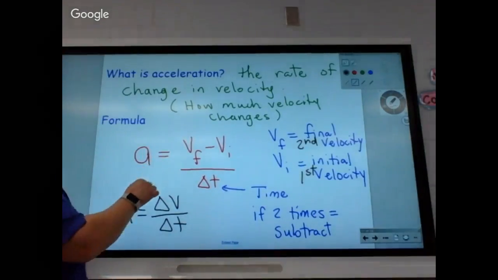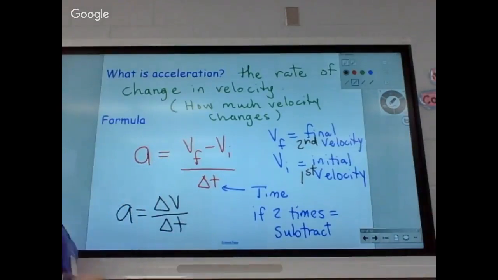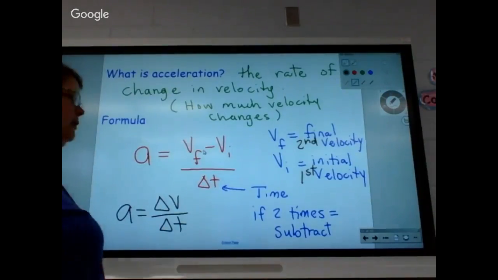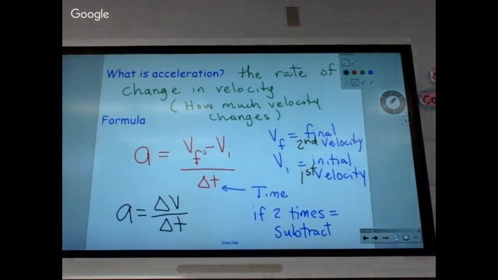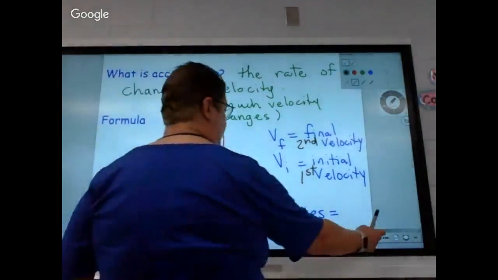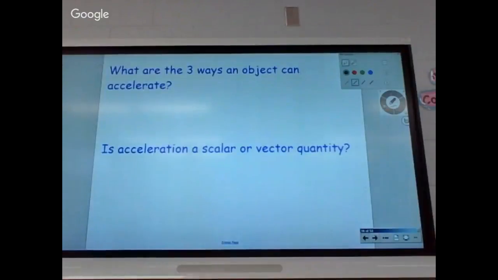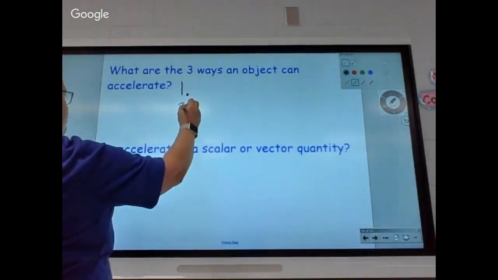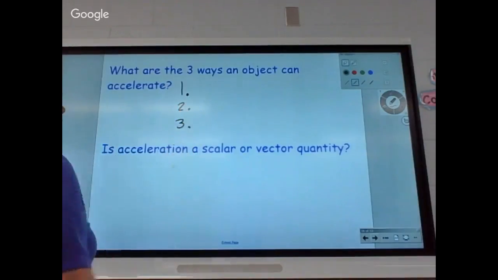These two formulas are one and the same, okay? Because you're not always going to have two velocities. Does everybody have that one off the board? Need some more time? Okay. Now, there are three ways for an object to accelerate. And I'll give you a moment to write that down.